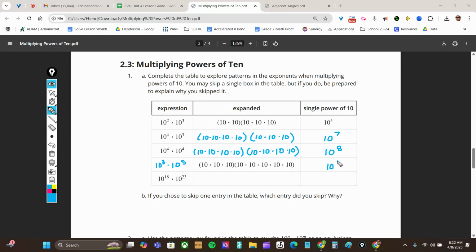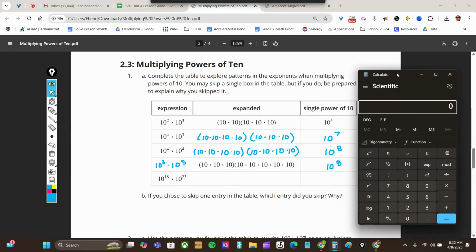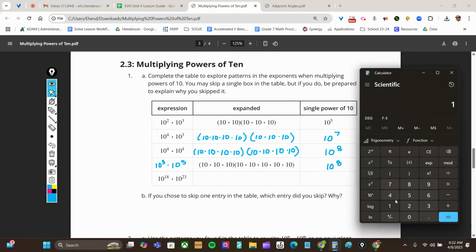It's also 10 to the 8th, and this is okay, so you probably would skip this one because it's not very user friendly. So we got 18 plus 23, 10 to the 41st power.